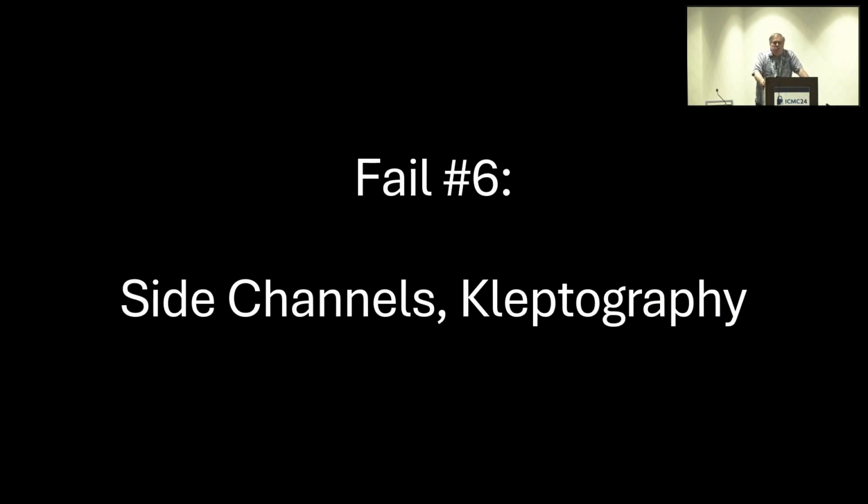Well, I think the community has come to an agreement that we're going to shut that door, and that we're going to use the seeds, the private key seeds that are used to generate those matrices, as the private key storage and not store the matrix itself. That shuts the door to kleptography in ML-DSA.